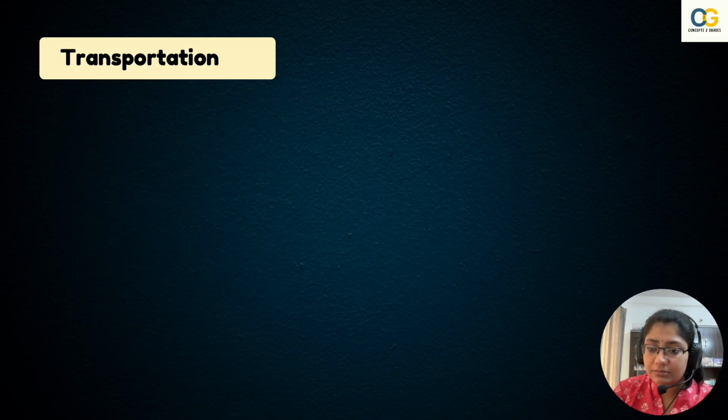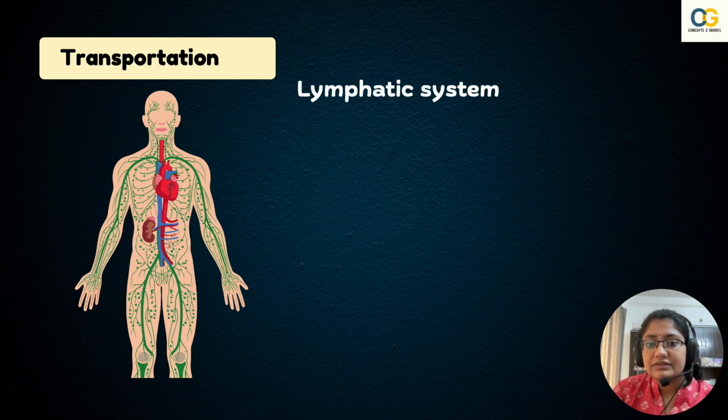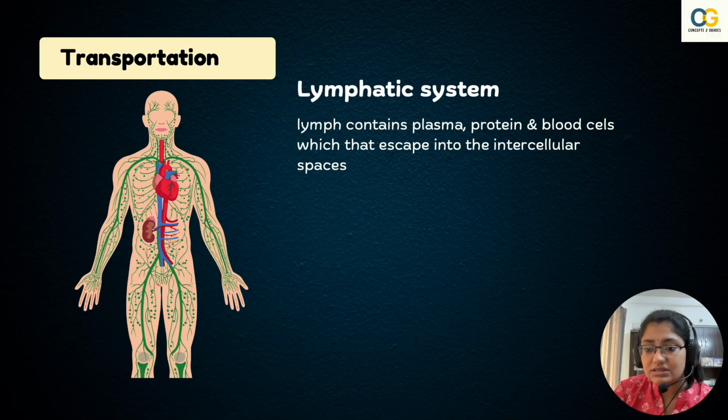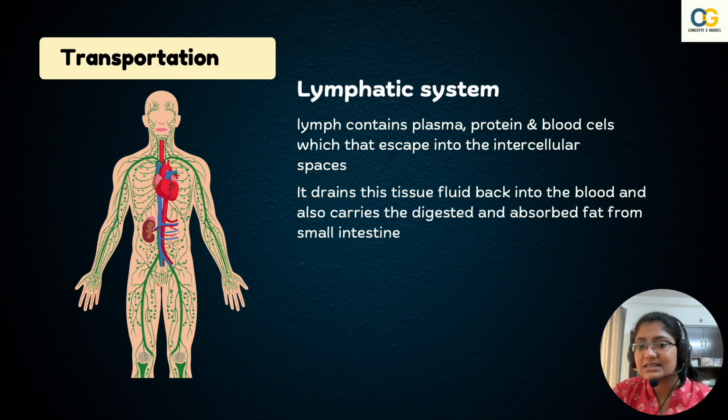Now, apart from the blood transportation, there's another system in our body, which is called the lymphatic system, which transports lymph across the body. So lymph is nothing but plasma, protein, and blood cells which have escaped into the intercellular spaces. So anything that escapes is transported through lymph. Basically it's like a tissue fluid that travels back into the blood.